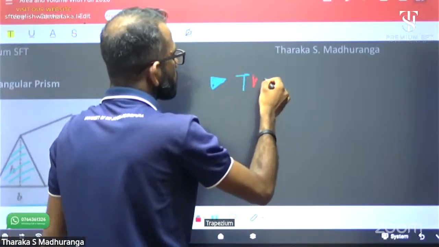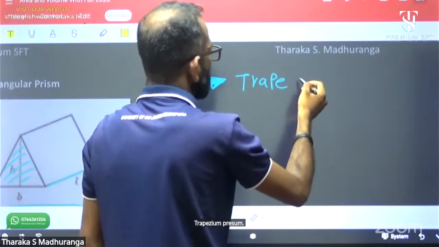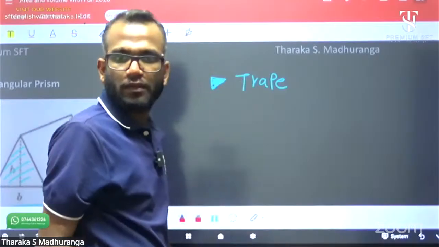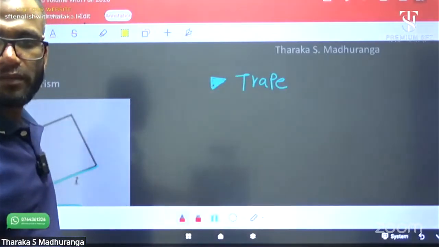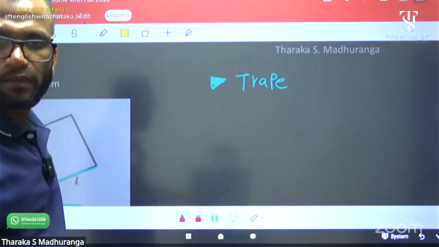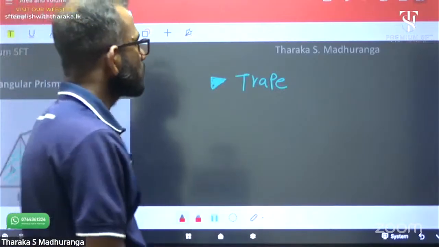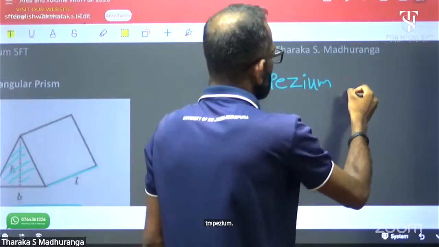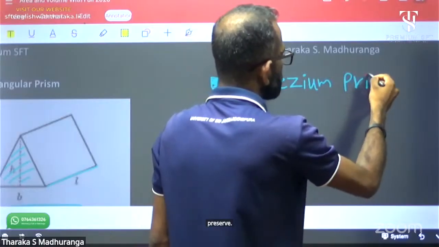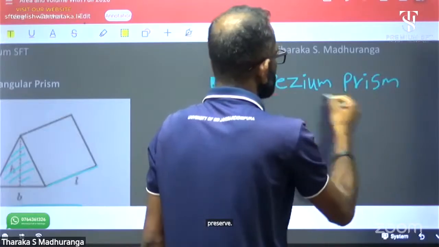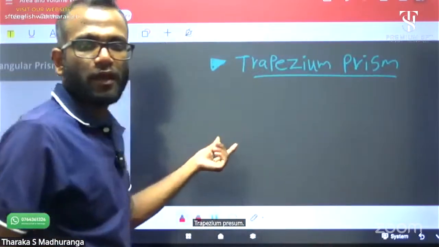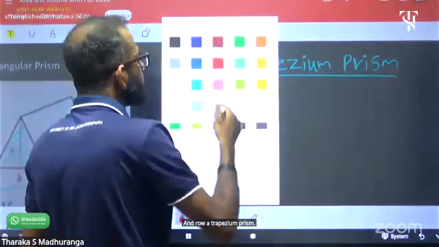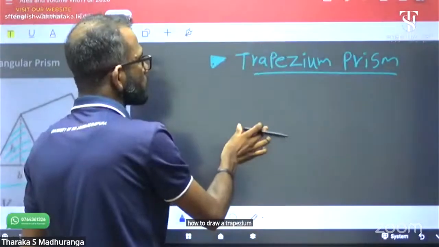Trapezium prism. Trapezium prism. And draw a trapezium prism. How to draw a trapezium prism?